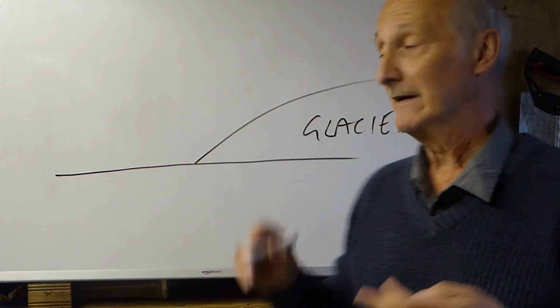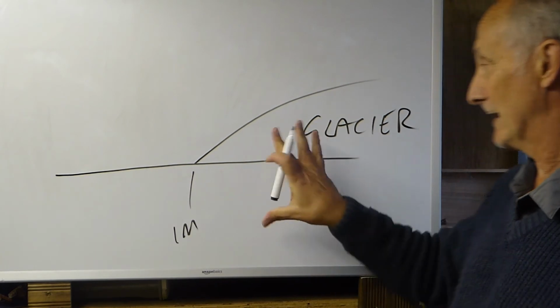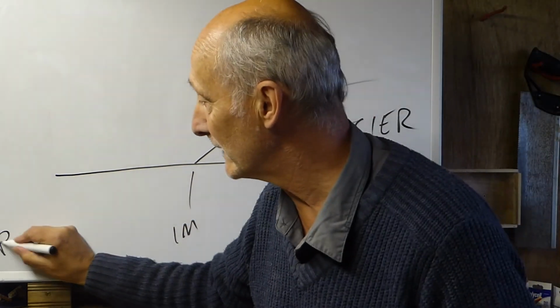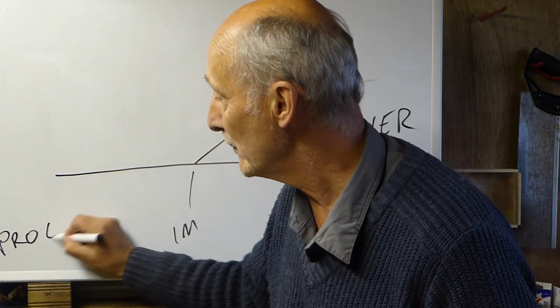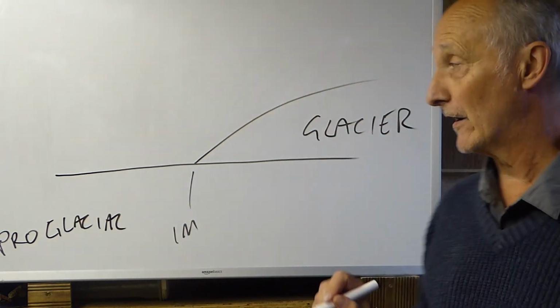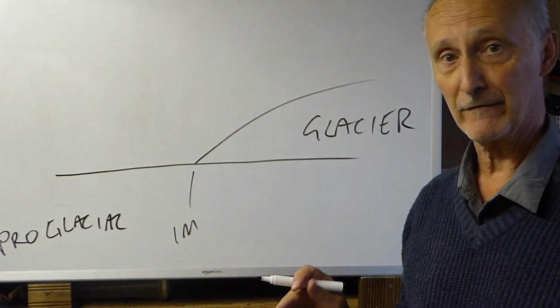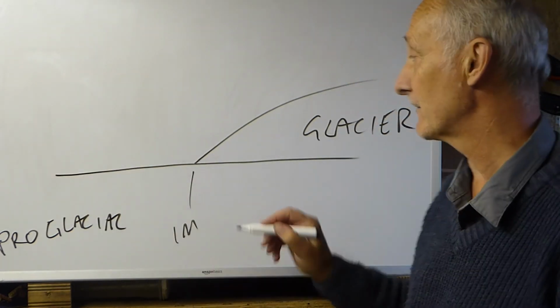So basically we have a glacier, we have an ice margin, we have the glacial environment, and we have the proglacial environment. We can talk about the proximal or the distal proglacial environment, close to the glacier or further from the glacier.